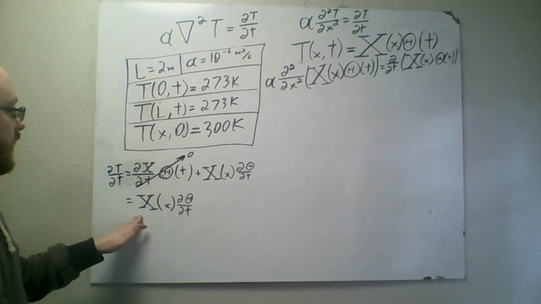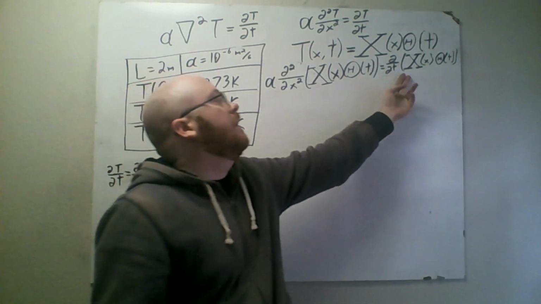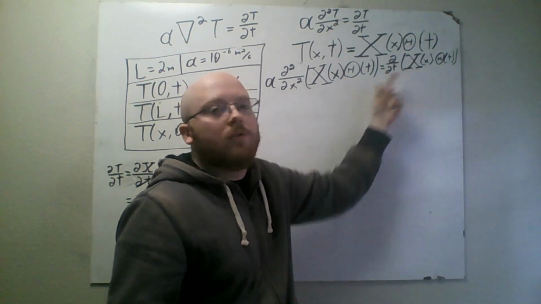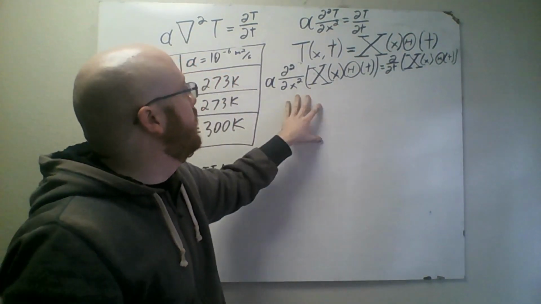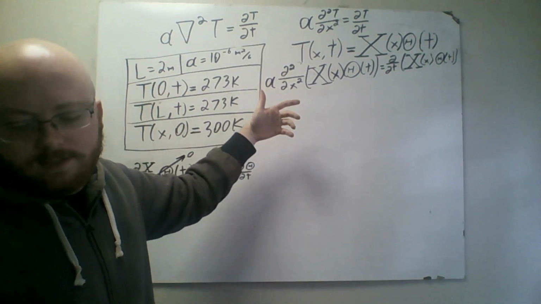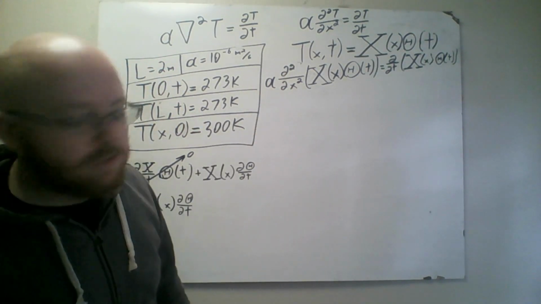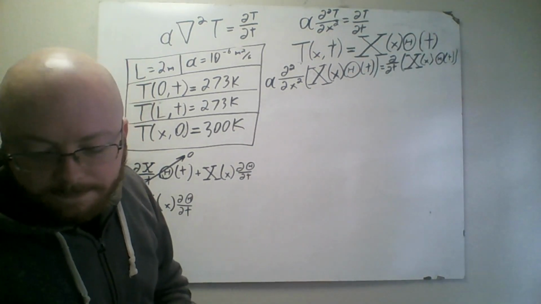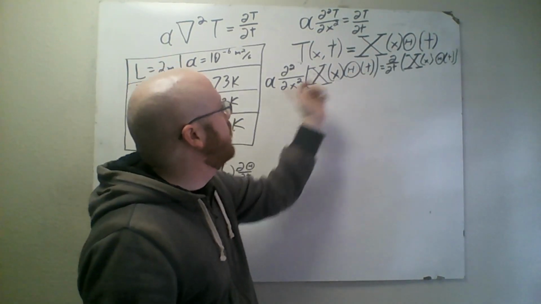Okay, so now if you look at this above, this is a constant with respect to this, so you can pull it out front. And we're going to do that with both of these. As you can imagine, the same thing happens if you take higher order derivatives. So the second derivative doesn't actually do anything different. So we're just going to pull that one out.